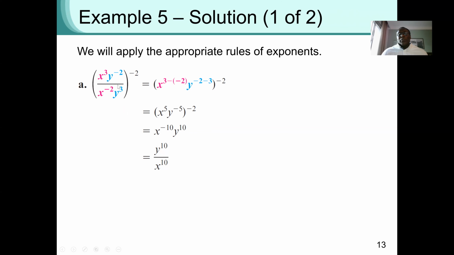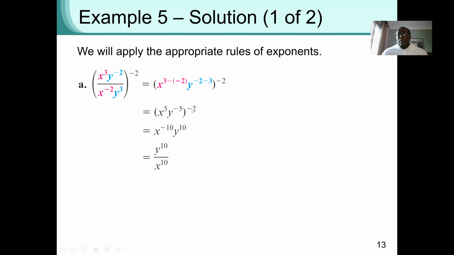Then we take the y: negative 2, the numerator, minus 3. So we have y raised to the power negative 2 minus 3. Everything is raised to the power negative 2. So we combine the terms, negative with positive, so we get x to the power 5. Then negative will give me negative 5, to the power negative 2.